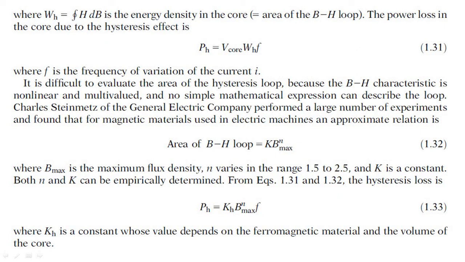From these equations, the hysteresis loss PH is equal to KH times B max to the power n times f, where KH is a constant whose value depends on the ferromagnetic material and the volume of the core. Thank you.